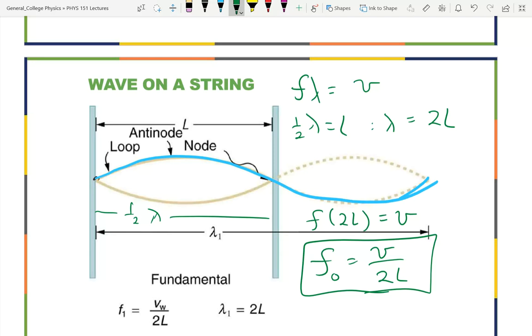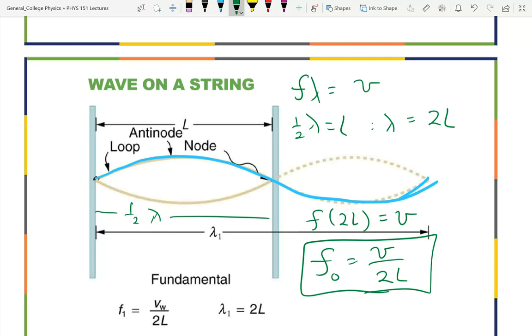What's another thing I could do to change the frequency? We've talked about the length. There's only one other variable there. Change the velocity.